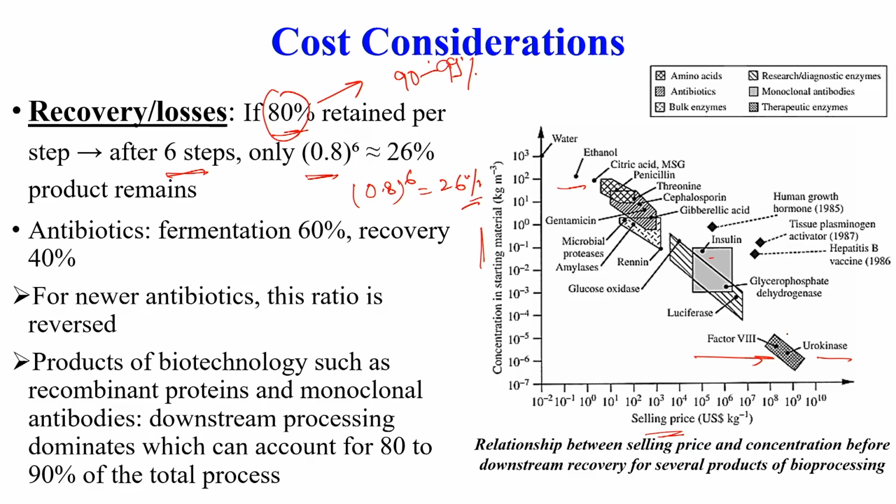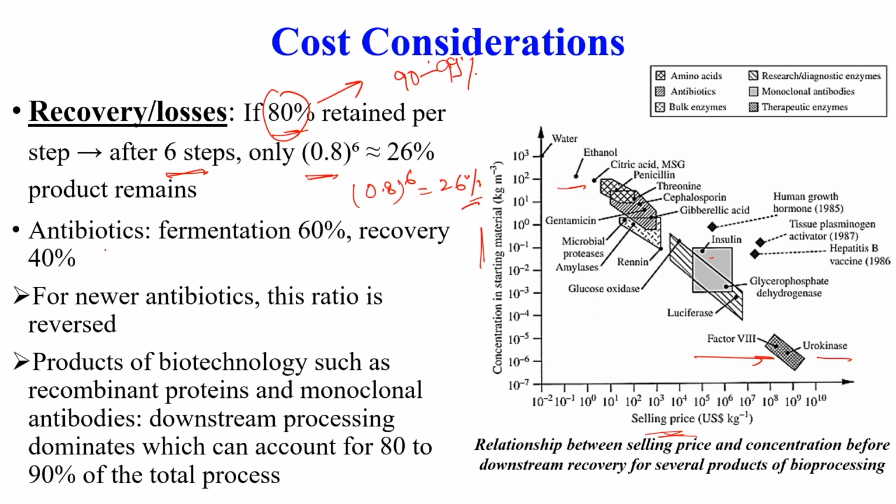So, you just see there is a linear increase in the selling price with a decrease in the concentration in the starting material. Each picture includes products of different categories, starting from amino acids, antibiotics, enzymes, therapeutic enzymes, monoclonal antibodies.